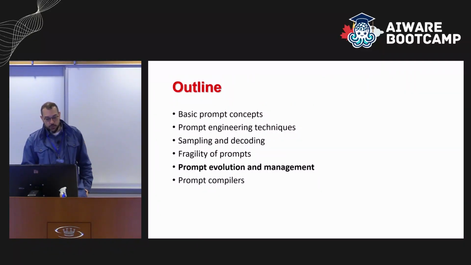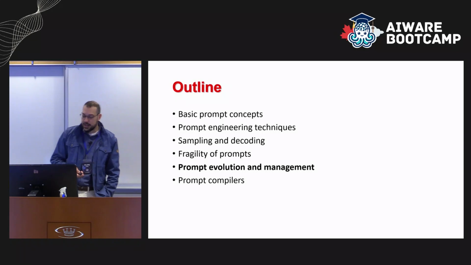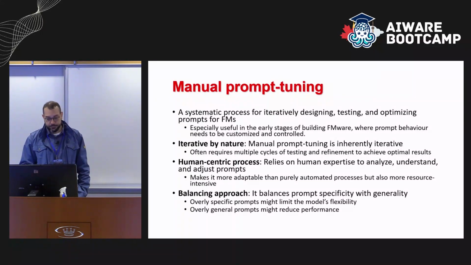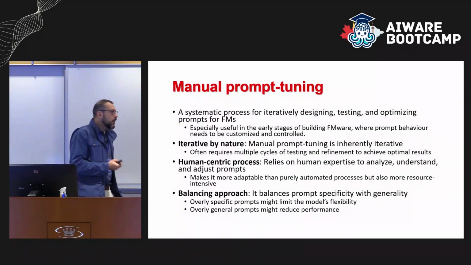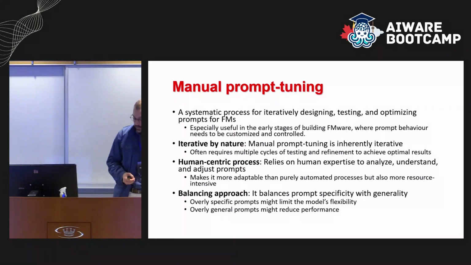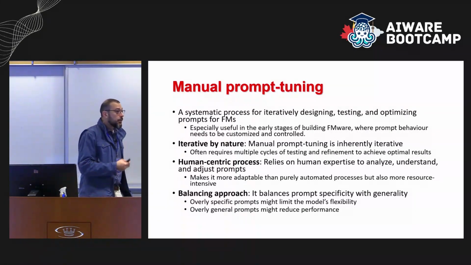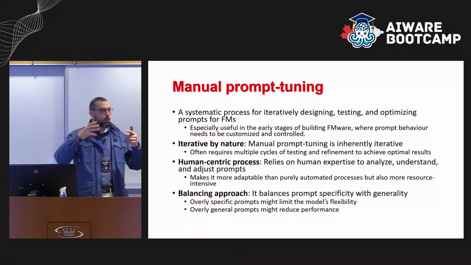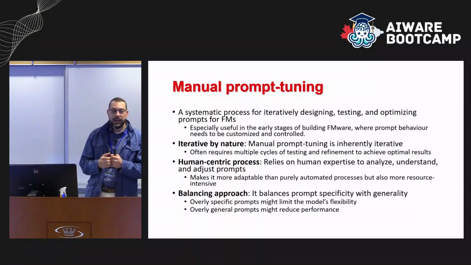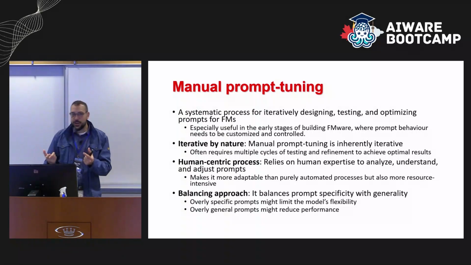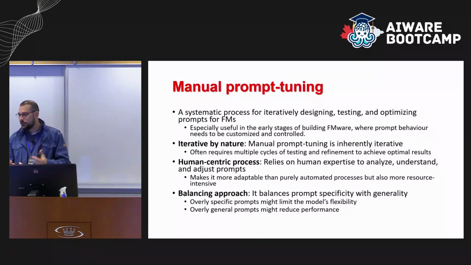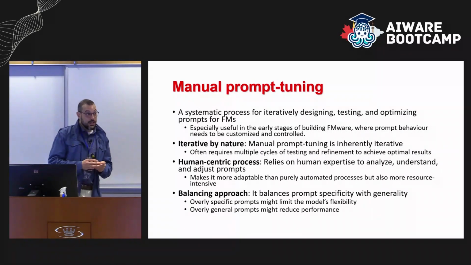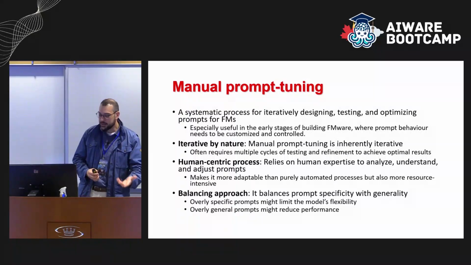Okay, so let's talk a little more about these aspects of evolution and management. Right now, in most cases, prompts are being manually tuned. All these variations are explored by a human. I spoke about format variation, but you also have wording variations, where you use synonyms and so on. So the space to be explored is huge, and it's being explored by someone.